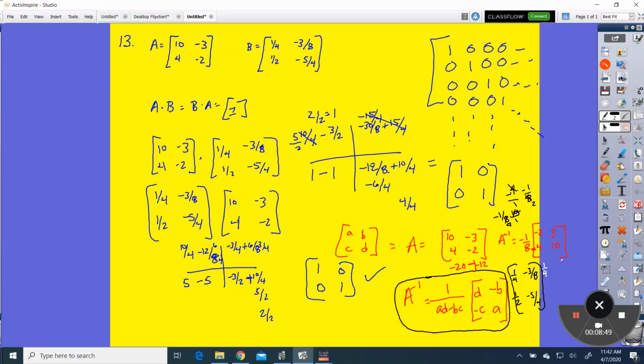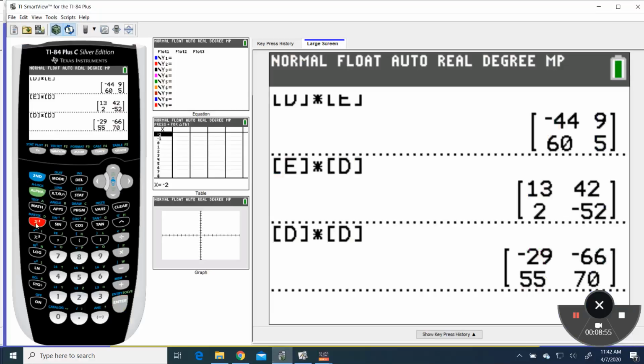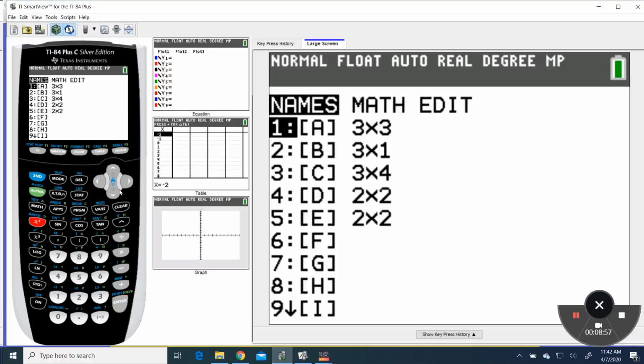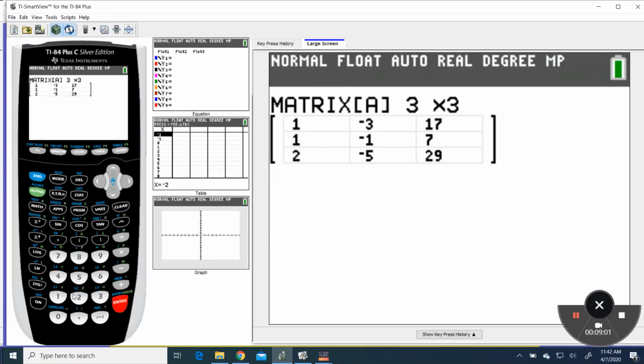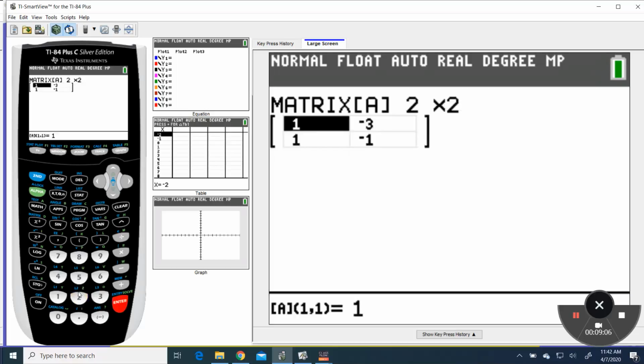The other way to find it, I'm going to go to my calculator, second matrix, edit matrix A. I'm going to make it a 2 by 2. I type in the numbers that I had for A, which were 10, negative 3, 4, negative 2.